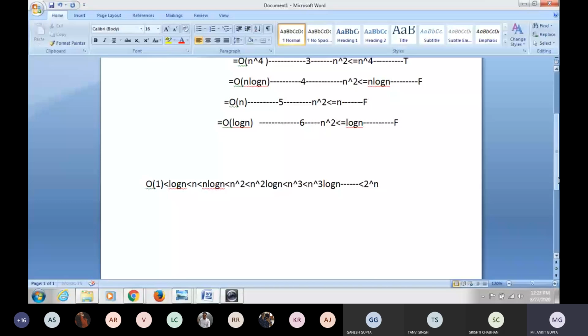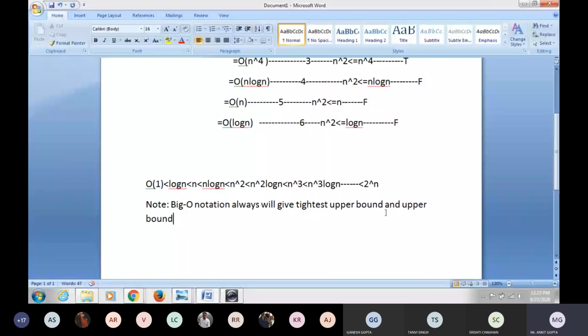Note: big O notation always will give the highest upper bound and upper bound.